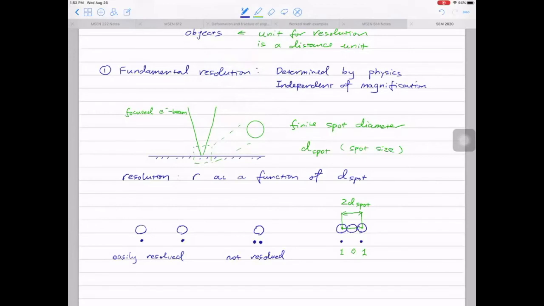So this is called the resolution limit. Thus, the resolution of the instrument, or the resolution of the SEM, is equal to 2 D spot.